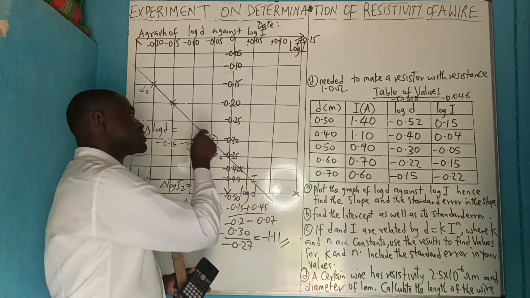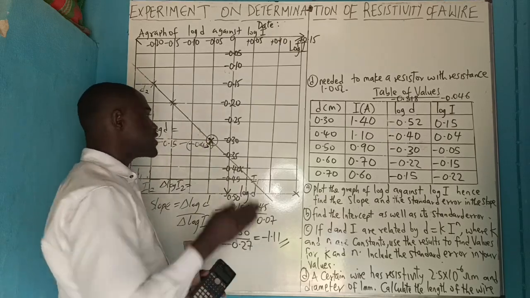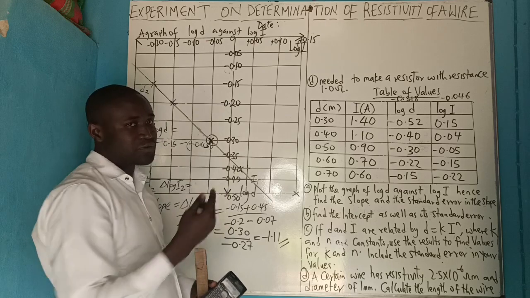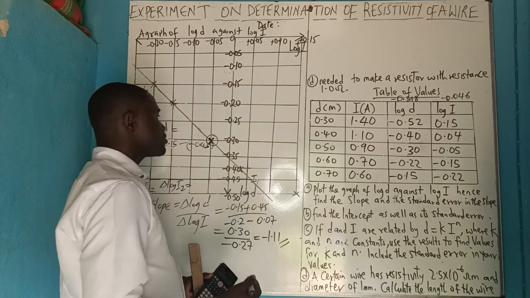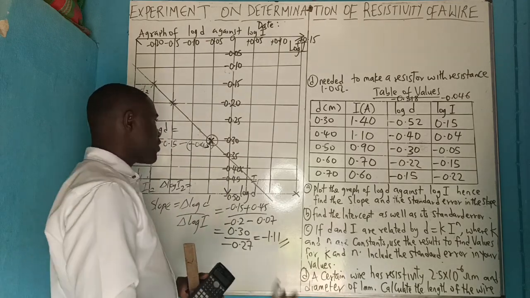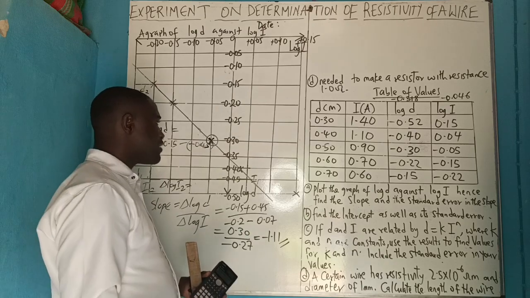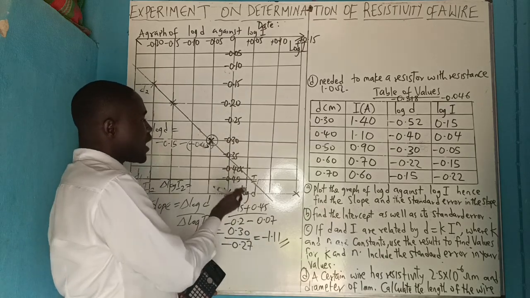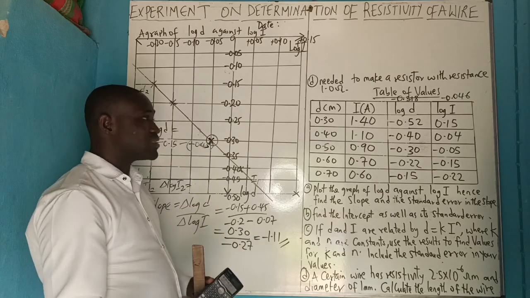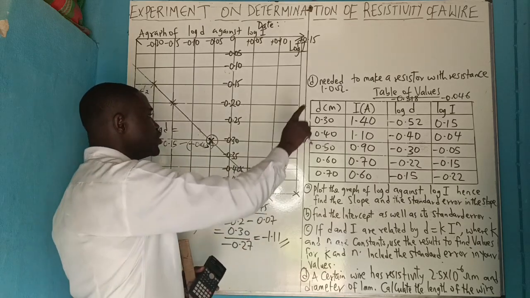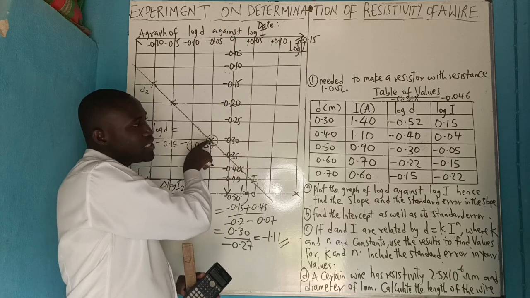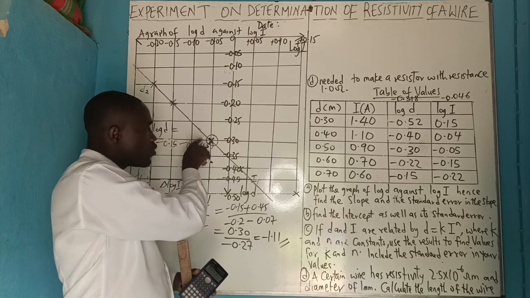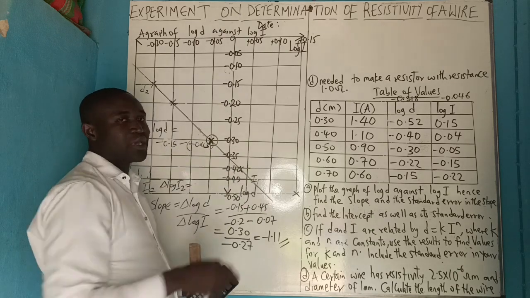Ordinarily, it is a must that you locate your centroid before you get your line of best fit. But because we have run so many graphs before now, we are no longer learners, so we didn't consider it. But it's best you locate the centroid and circle it before you put your line of best fit.